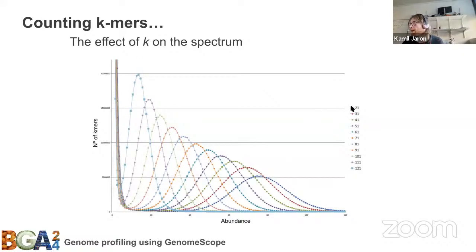For a very low K, like 21, it has very high coverage. But you also see that for K21, the peak is very wide, while for K121, which is the leftmost peak, it's very narrow. So I think this is what Lucia was trying to say, that the sequencing variance is actually decreasing with lower sequencing coverage, which is perhaps a bit unintuitive.